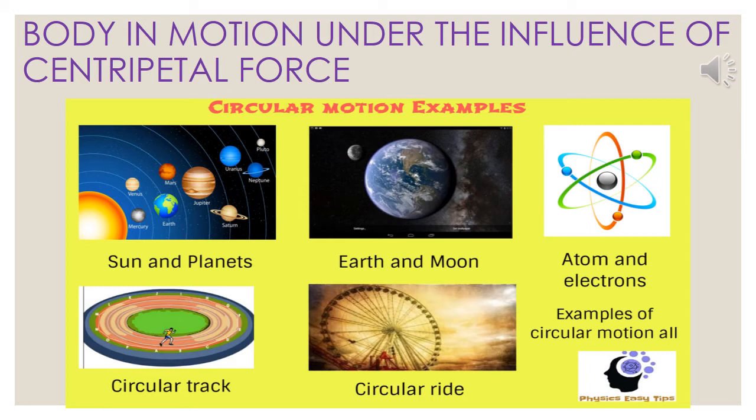If this force, that is the tension, is not present, the stone will not continue to move in a circular path. So, from the above examples, we can see the body moves in a circular path with a uniform speed under the influence of centripetal force, and it is in dynamic equilibrium.